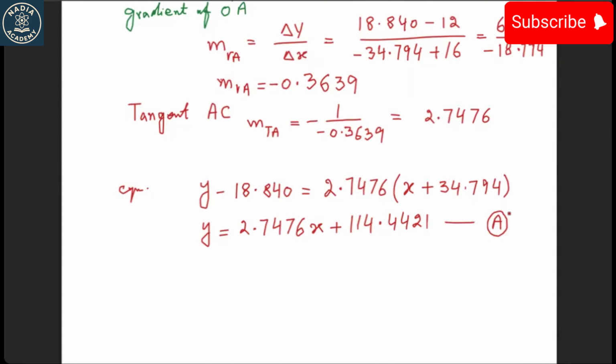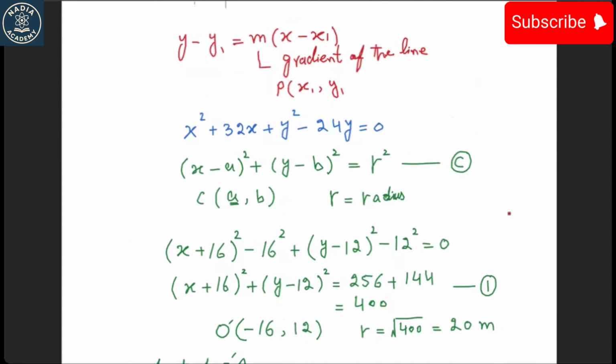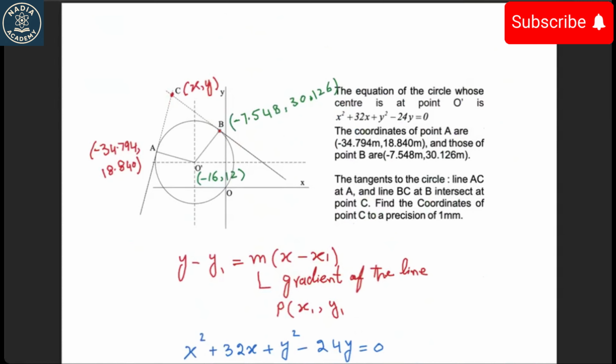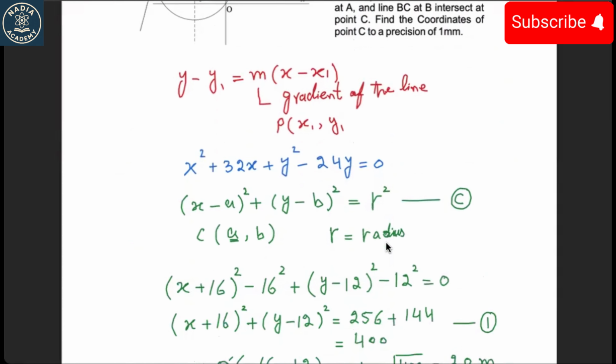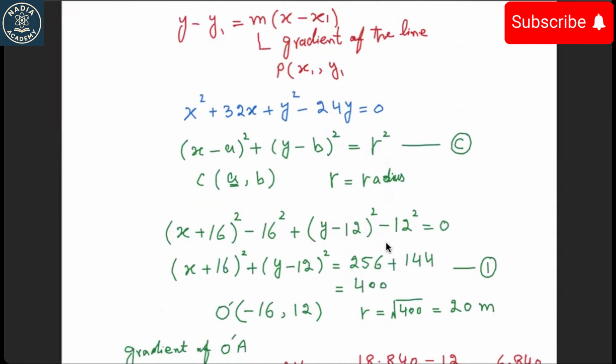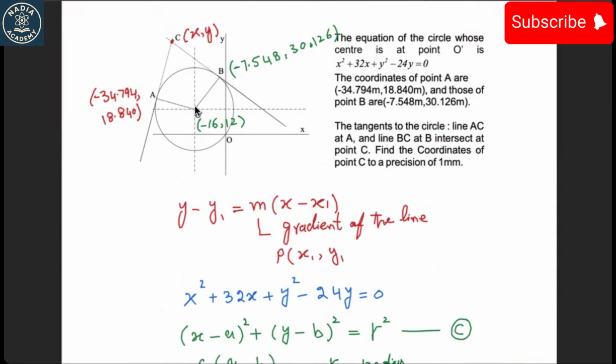Now we need to find the equation of the tangent, which is at the point B, or you can call it BC. So this tangent is crossing the tangent AC at a point C, and we are looking forward to calculate the coordinates of C. Now the method will be the same, meaning that first we will calculate the gradient of the line O prime B, because we have the coordinates of both of these points.